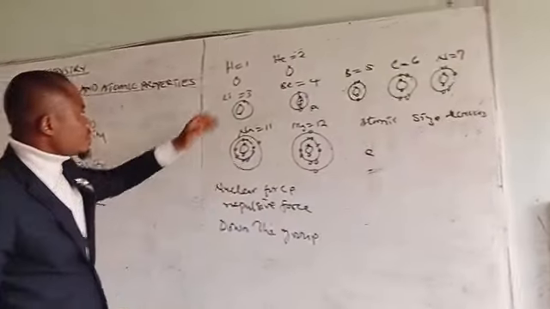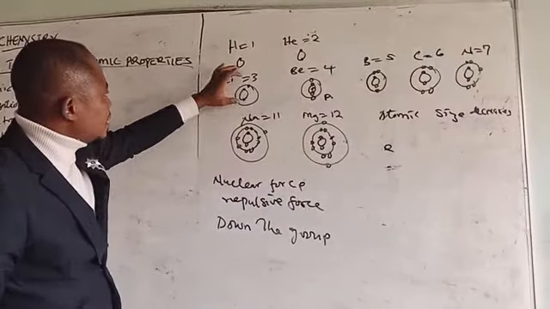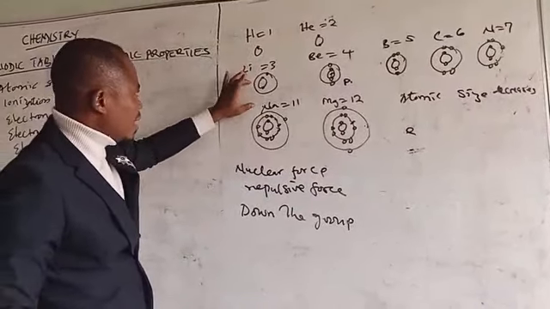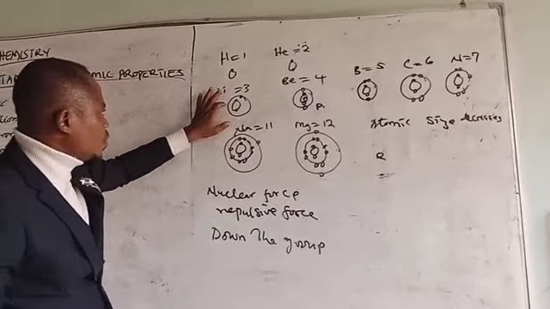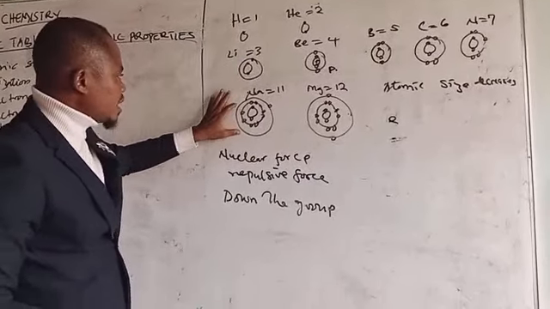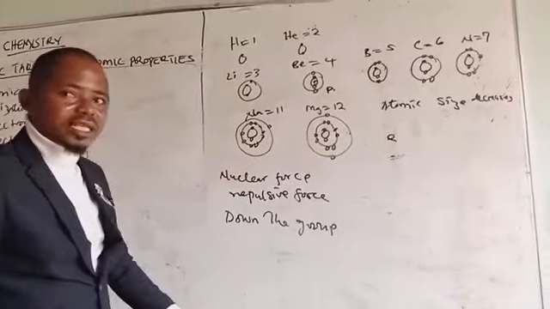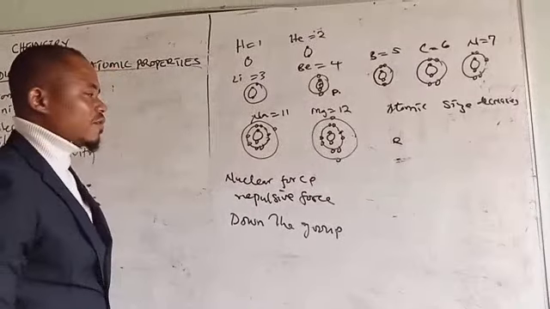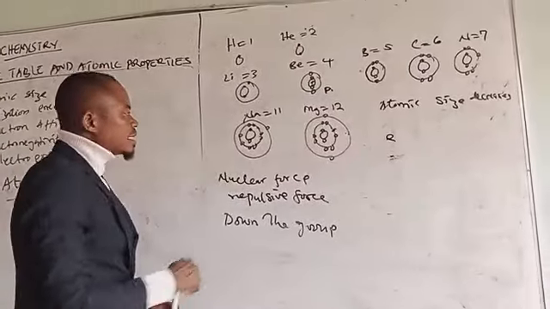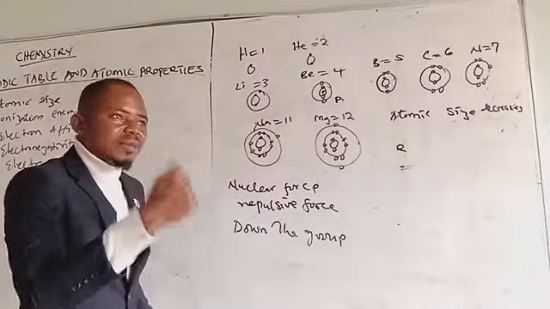As we move down the group, we see that from here to here, we have one shell here, 2 shells here in period 2, 3 shells in period 3, 4 shells in period 4, 5 shells in period 5. So as we move down the group, see that the number of shells keep increasing by 1.